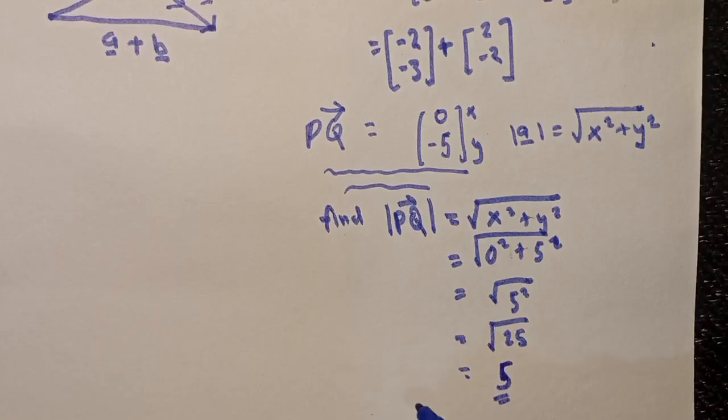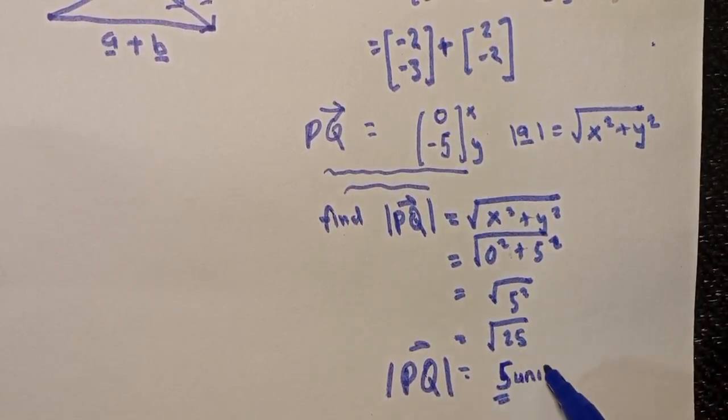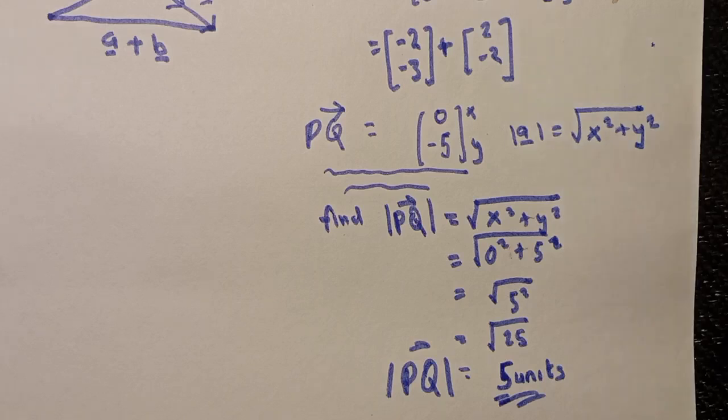For this one we just say units. So this is the magnitude. For the magnitude, you need the components, the x and the y component, and then you just need to find the magnitude. So this is how you find the magnitude, using this simple formula that we have here.